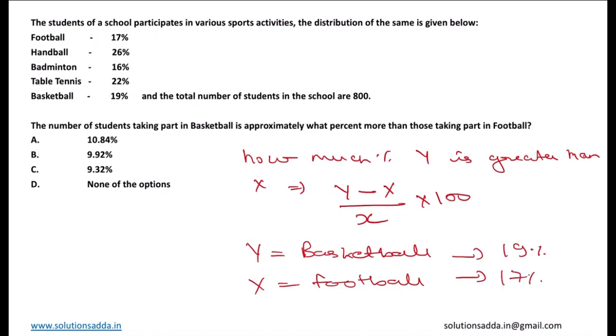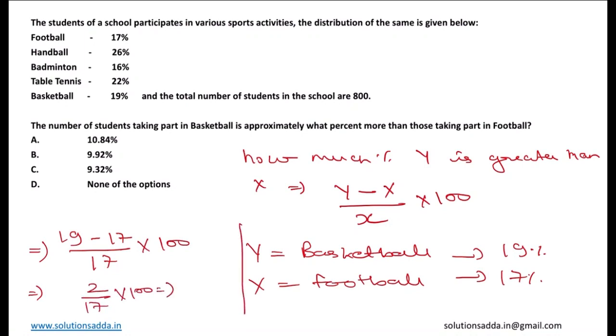Therefore, keeping these values in the formula, it would be 19 minus 17 divided by the value of x, that is 17, cross 100. So it would be 2 by 17 cross 100.